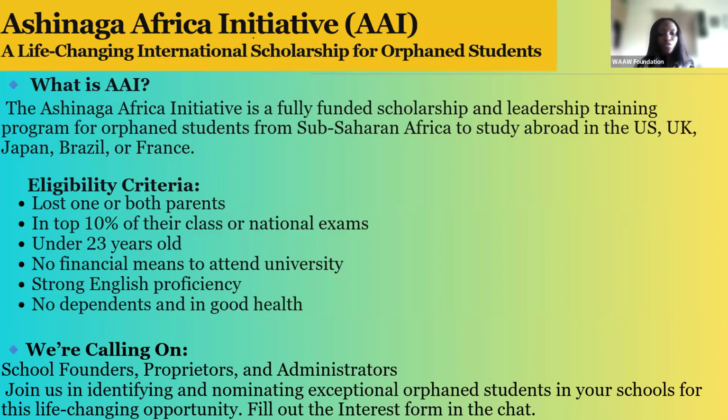If you are a school founder, proprietor, principal, or administrator and you are interested in joining us to identify and nominate exceptional orphaned students in your schools for this program, please fill out the interest form in the chat as well. That would help us reach out to you and take it up from there. The interest form is in the chat already, so please fill that, and also the feedback form.